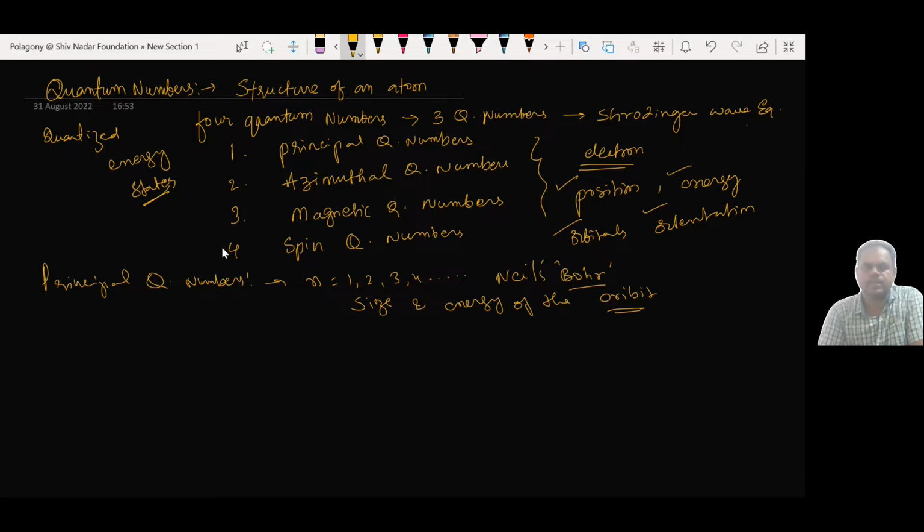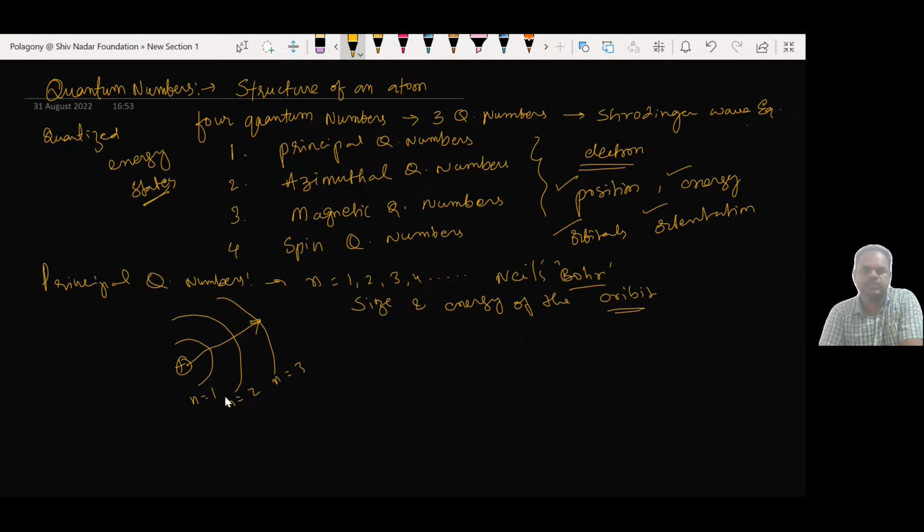For example, if you take one atom, around the nucleus there is n equal to 1, the first orbit, n equal to 2, the second, and n equal to 3, the third orbit. So as the quantum number increases, the size of the orbit increases, and the radius also increases.